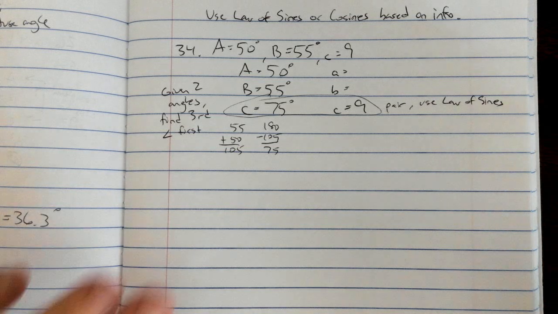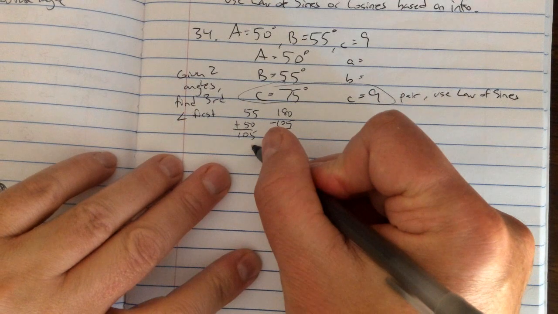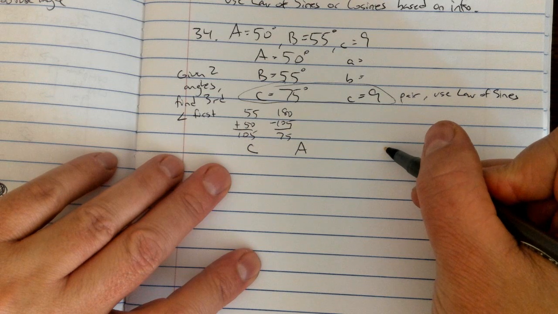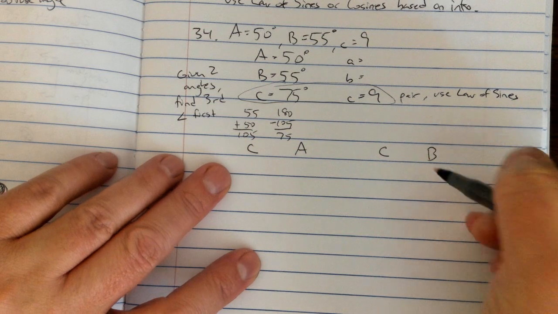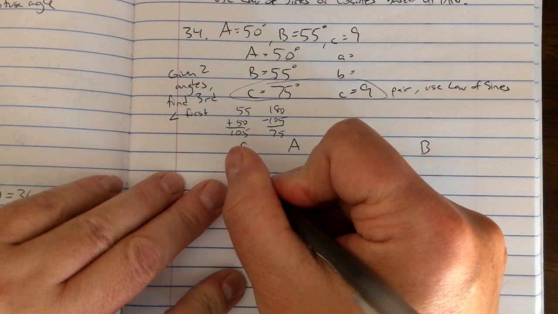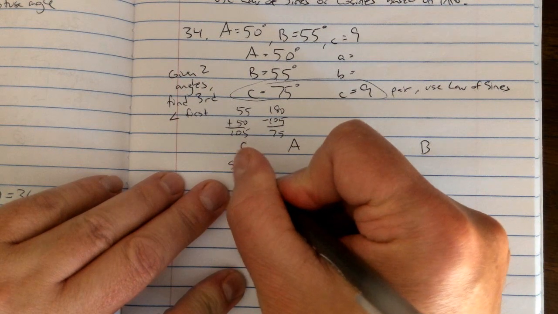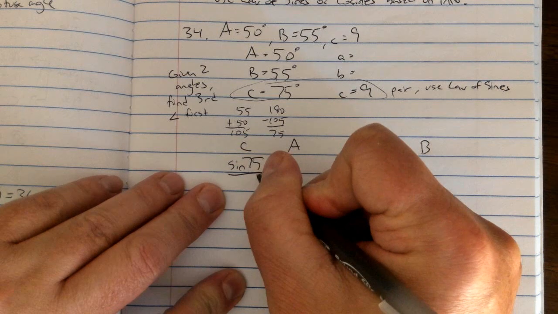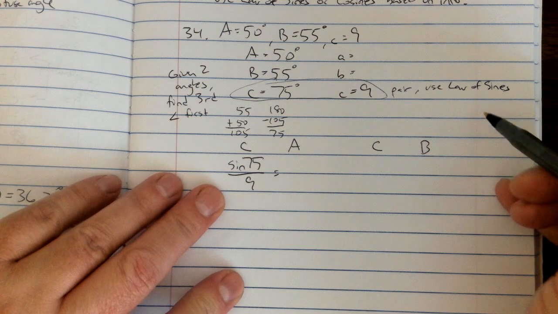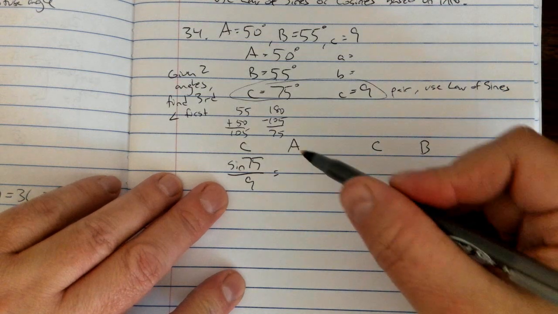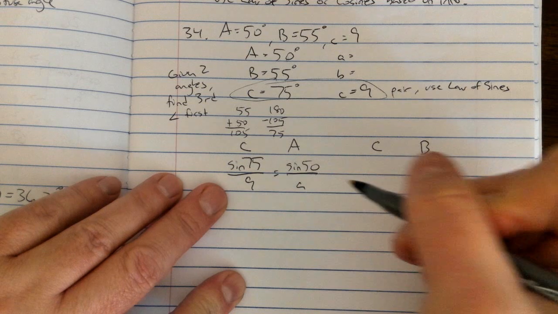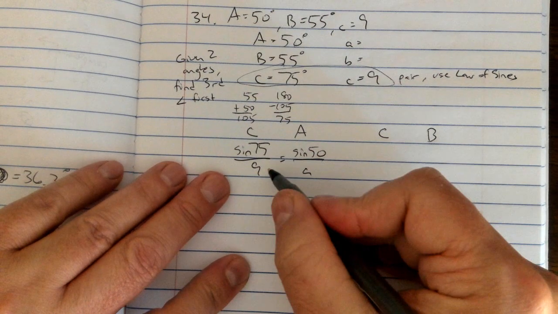Okay, so that means we're going to have C with A, and we're going to have C with B. So this would be sine 75 over 9 equal, let's see, A is 50, so we have sine 50 over A, and you cross multiply.